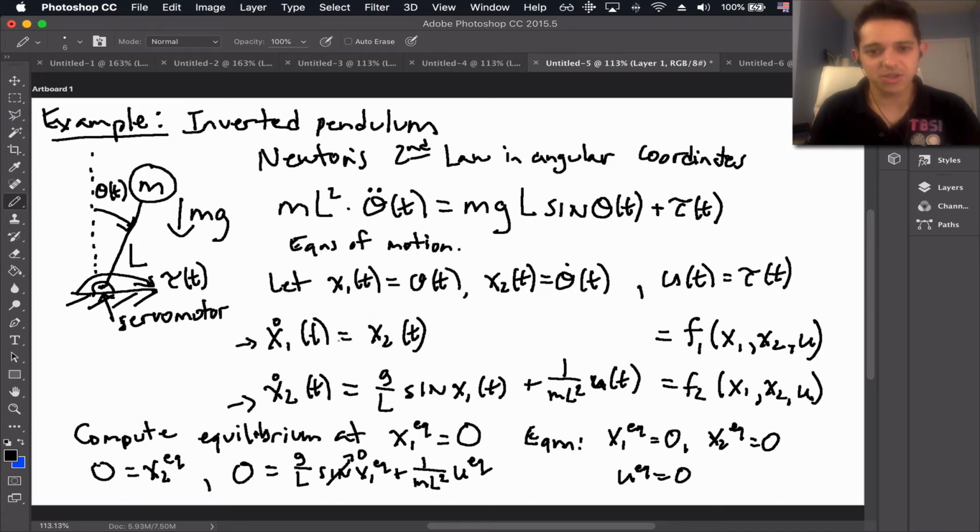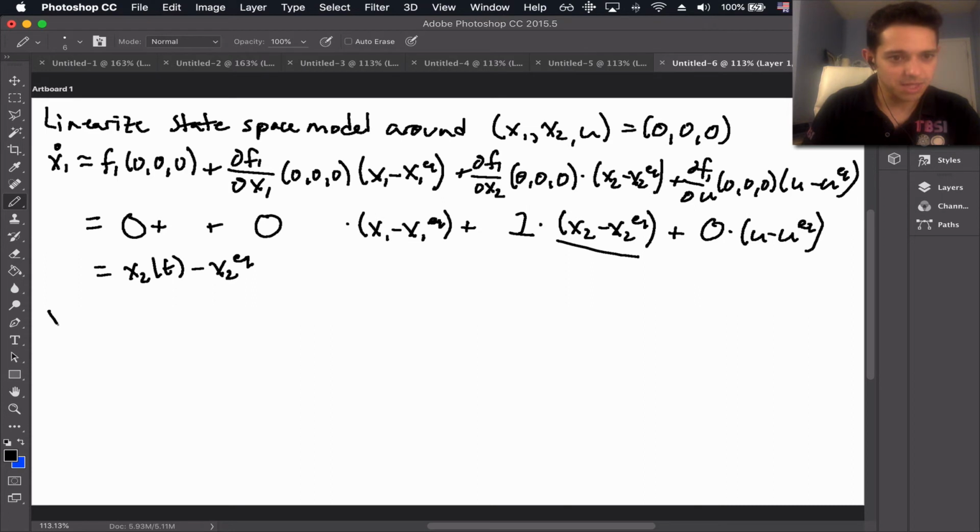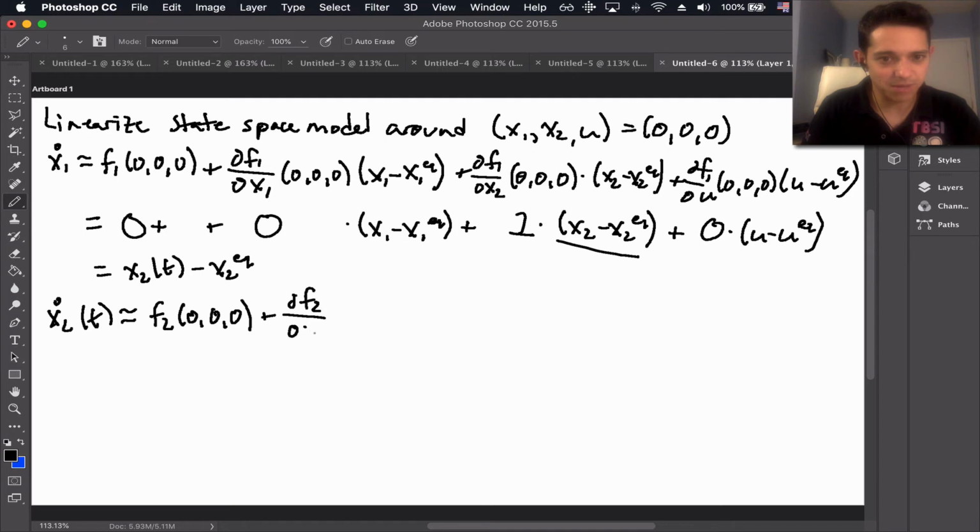We should essentially get out the same equation. The second state equation will be more interesting because we have this nonlinear sine term. So now let's focus on the second state equation. I'd like to approximate x2 dot using a Taylor series. So first I'll evaluate f2 at its equilibrium. And then I'm just going to repeat exactly what I have above, but with f2 instead of f1.